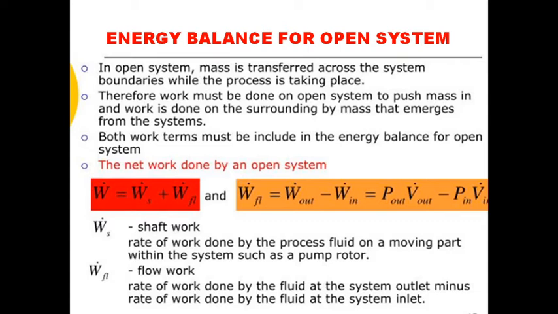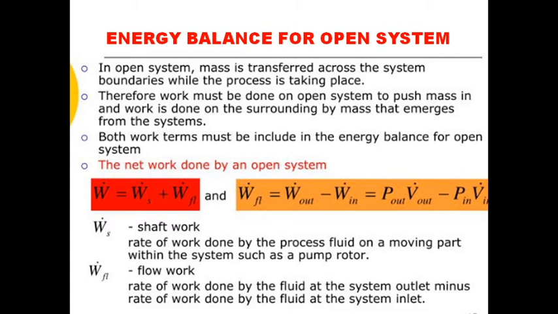Energy balance for open system. Open system is defined as one where mass is transferred across the system boundary while the process is taking place. Therefore, work must be done on the open system to push mass in, and work is done on the surroundings by mass that emerges from the system.